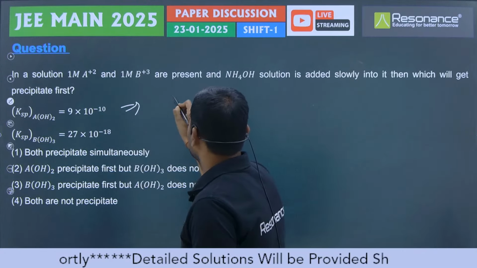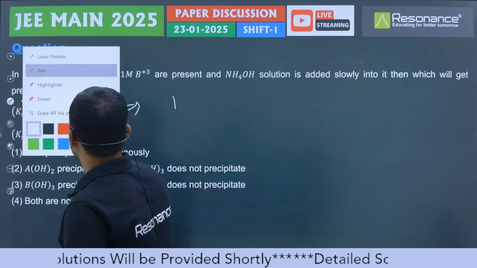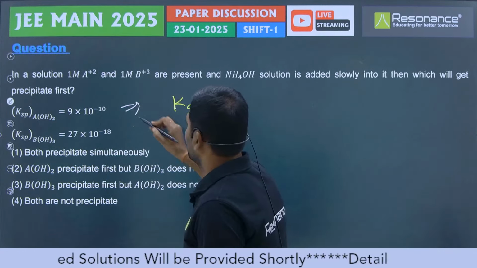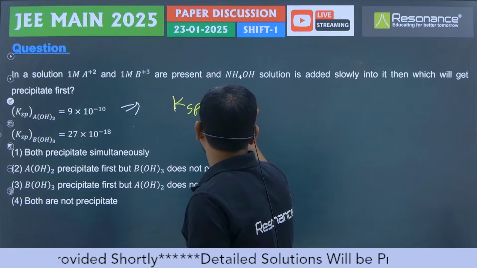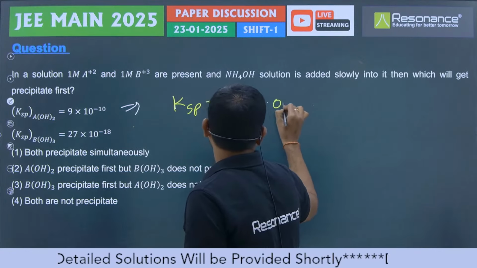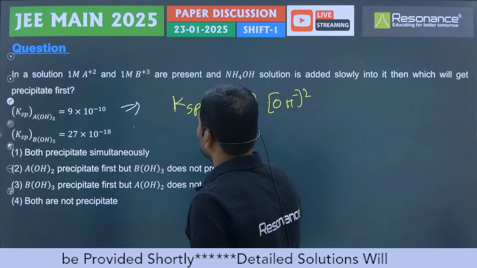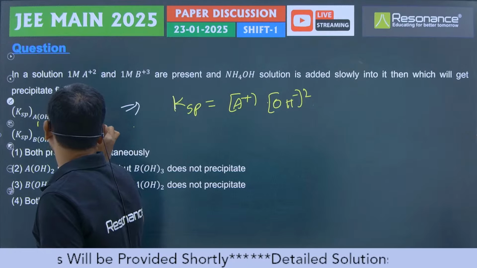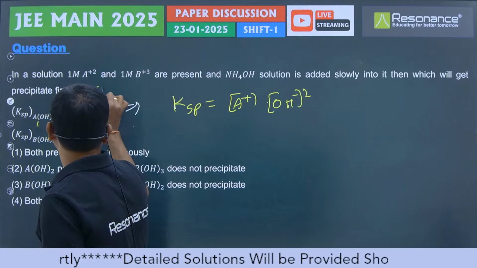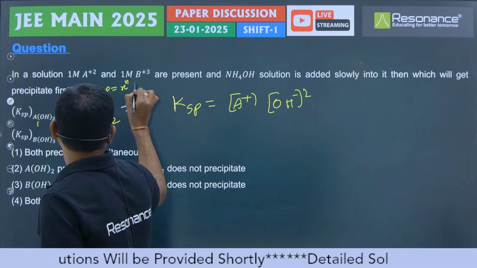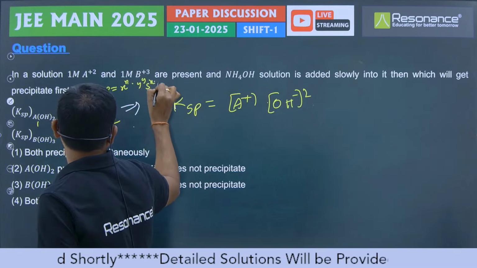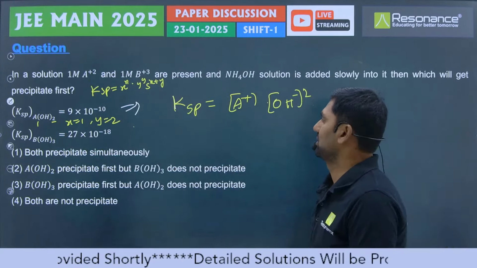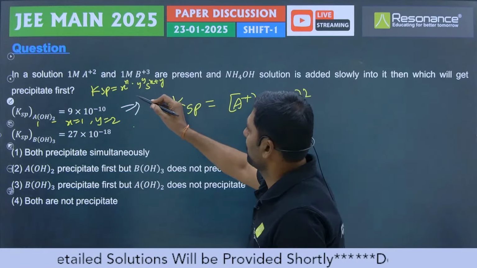In the first case, the Ksp expression is the concentration of A+ into OH- squared. Here x equals 1 and y equals 2. We know that Ksp equals x power x into y power y, S power x plus y. By applying that formula you can get the expression, or you can apply basic dissociation. So what is the concentration of A given, A2+?